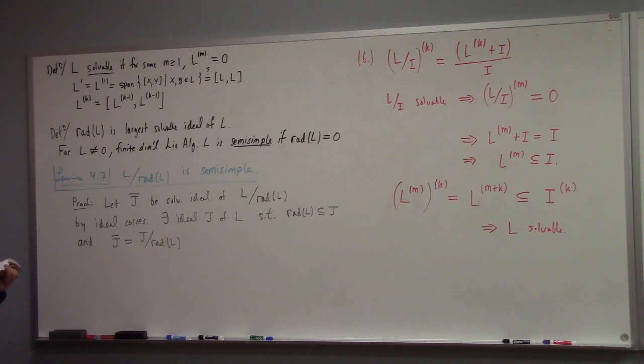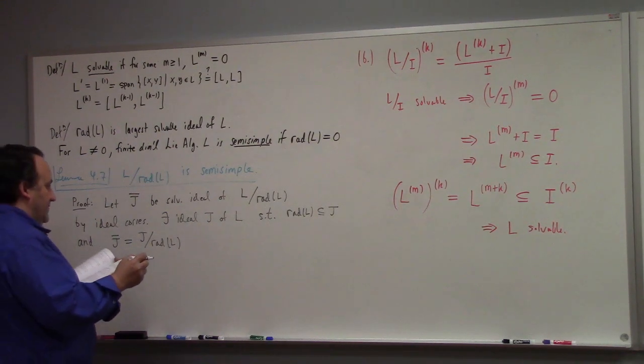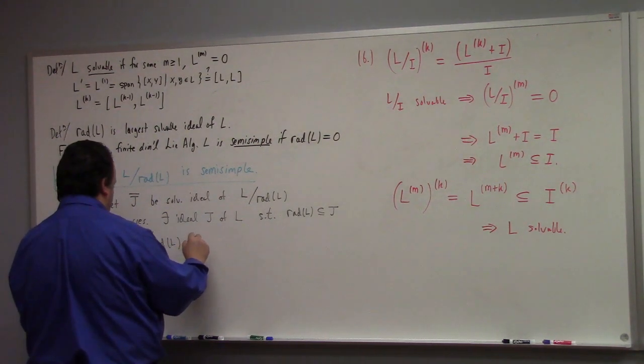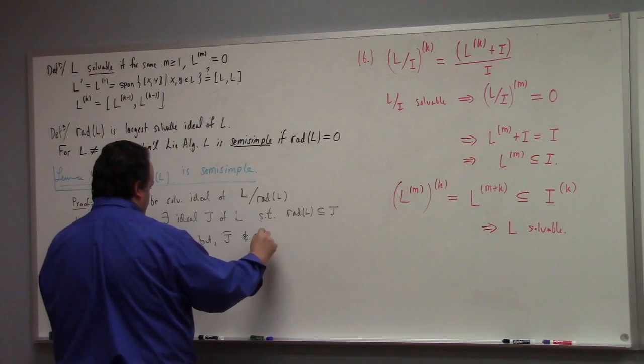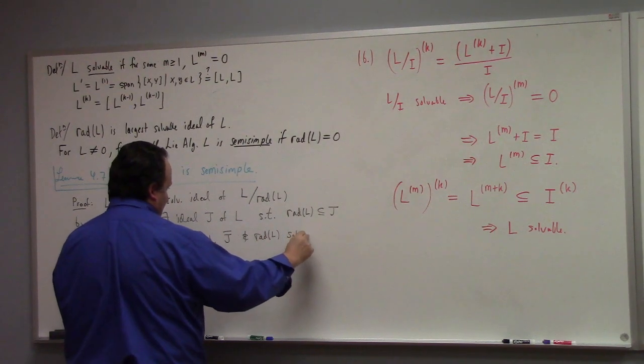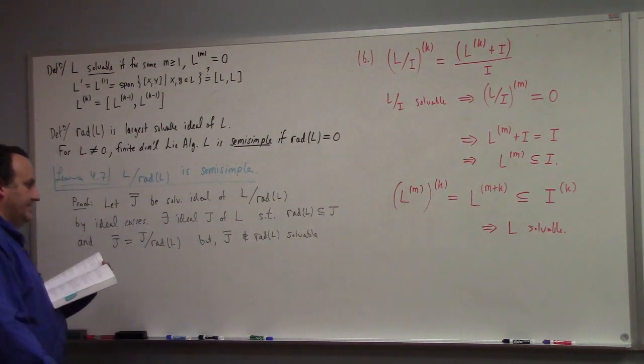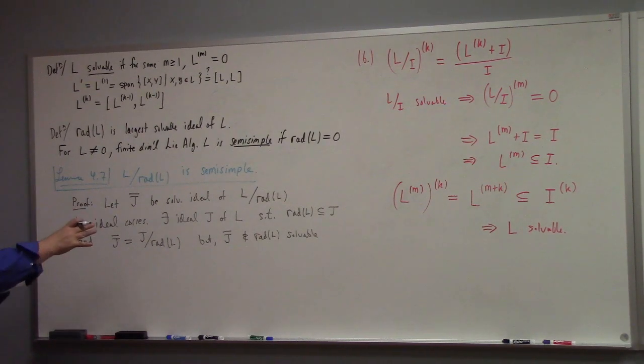By definition, rad L is solvable, right? So what do you have? J bar and rad L are solvable. J bar by assumption, the radical by definition the largest solvable ideal.